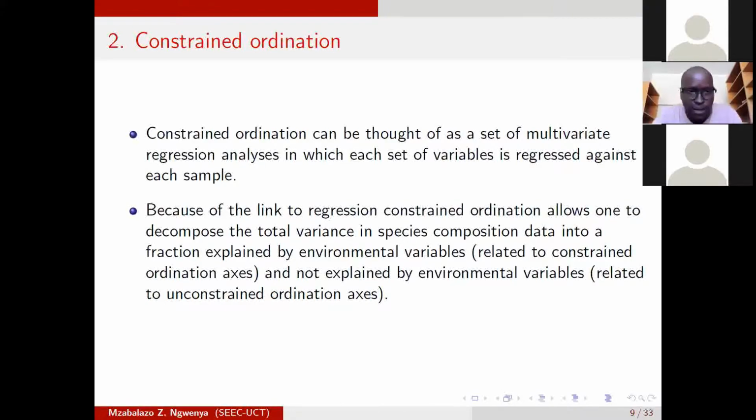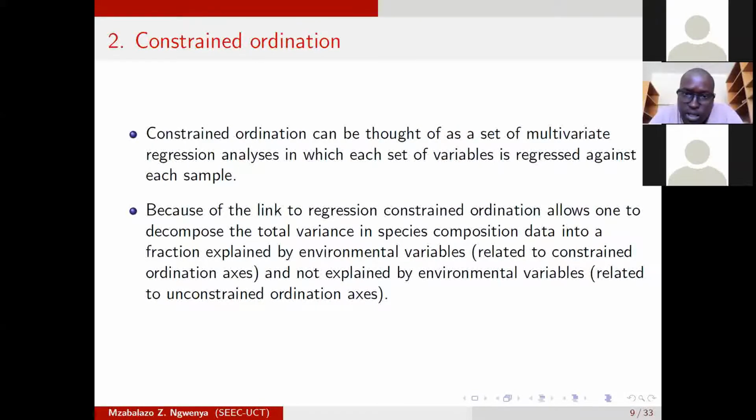We note that because of the link to regression, constrained ordination allows one to decompose the total variance in species composition data, that's our L matrix, into a fraction explained by environmental variables and a fraction not explained by environmental variables.